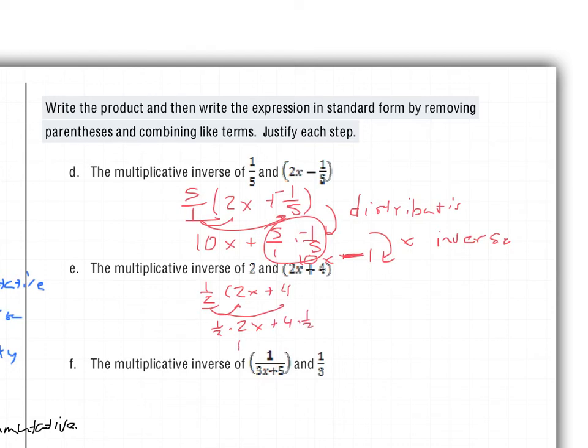That gives me 1x plus 2. So in this process here, this is our distributive. And here we see this multiplication gives us 1 because this is the multiplicative inverse.